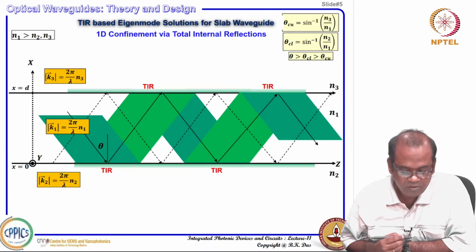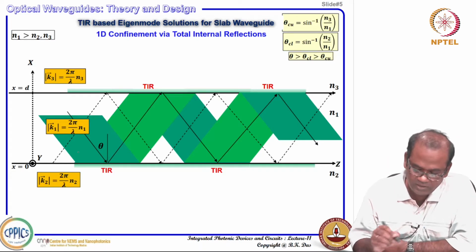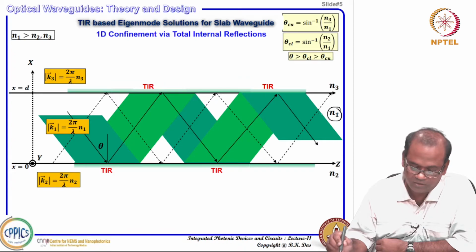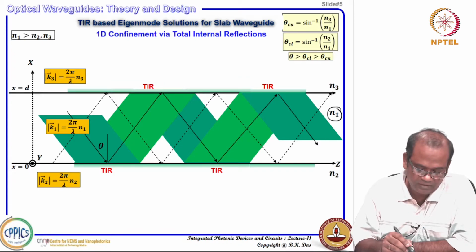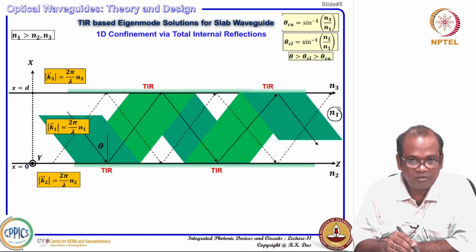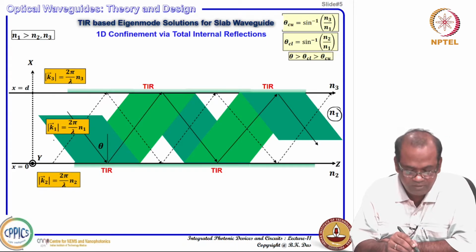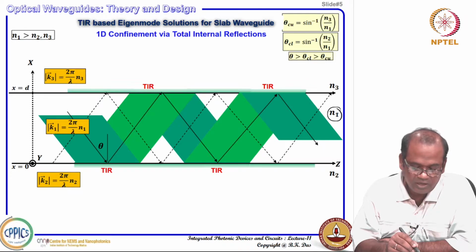Next, you see, this is the material medium where the refractive index is N1. So, corresponding to any wave vector, I would say wave propagation constant, that we already discussed earlier, is 2 pi by lambda N1.